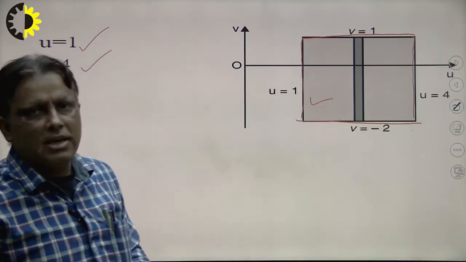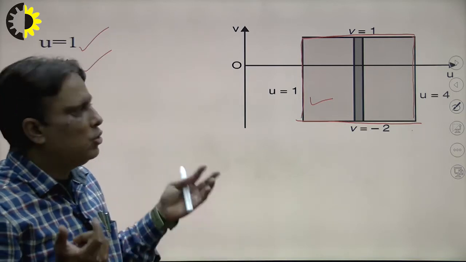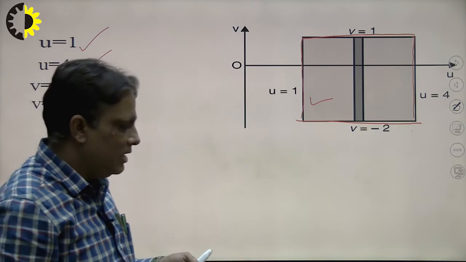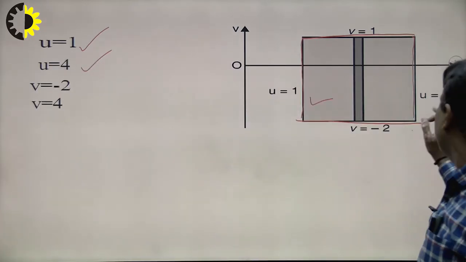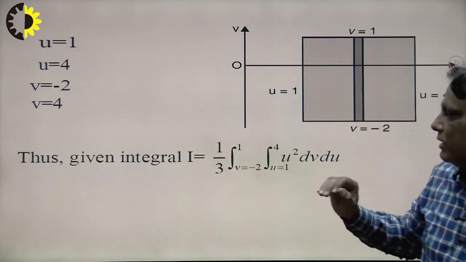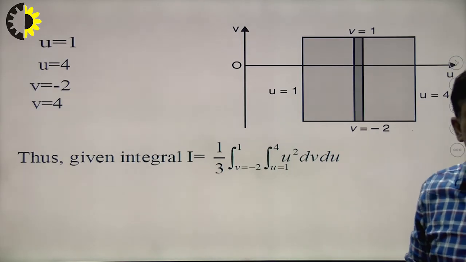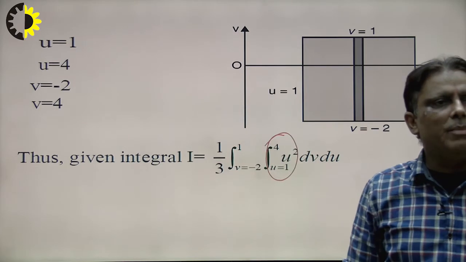Now in this region I want to take the limits of u and v, so we can take a strip parallel to the u axis and a strip parallel to the v axis. In the previous lecture I explained how to take the limits with the help of a diagram. So the limit of u will be 1 to 4 and the limit of v will be minus 2 to 1.